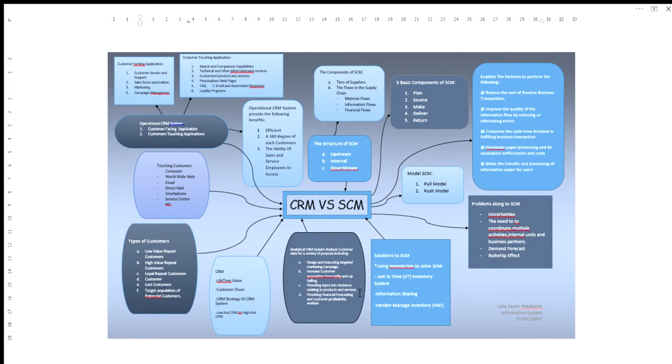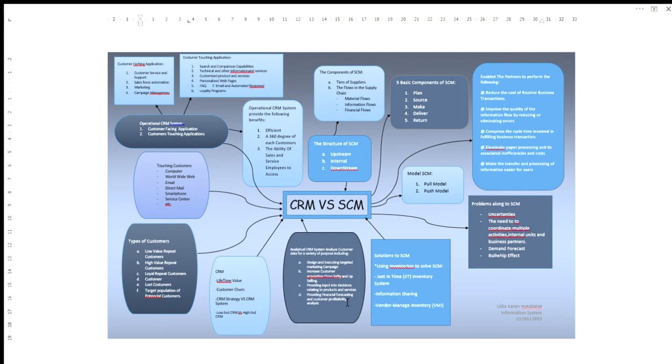C, providing input into decisions relating to products and service. That is, we have to focus from inputting data from incoming customers until the customers make the decision to buy and accept our product. D, providing financial forecasting and customer profitability analysis.